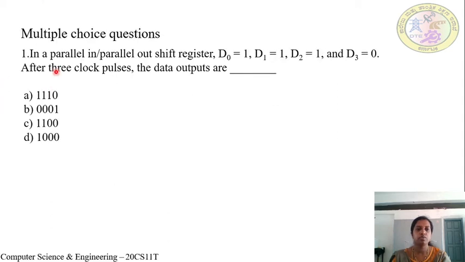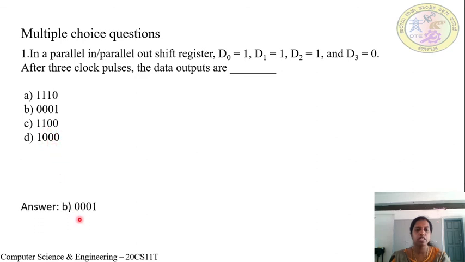Next we move on to the multiple choice questions. In a parallel in, parallel out shift register, D0 is equal to 1, D1 is equal to 1, D2 is equal to 1 and D3 is equal to 0. After 3 clock pulses, the data outputs are: A, 1 1 1 0; B, 0 0 0 1; C, 1 1 1 0 0; D, 1 0 0 0.